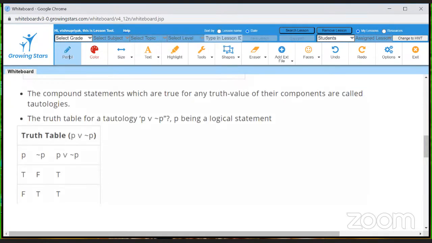Now we are coming to compound statements. What are compound statements?